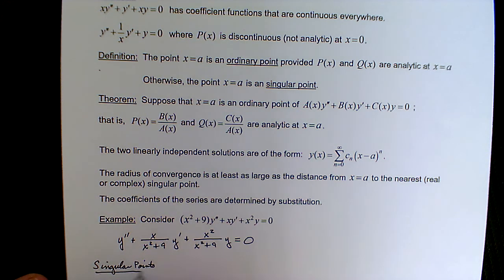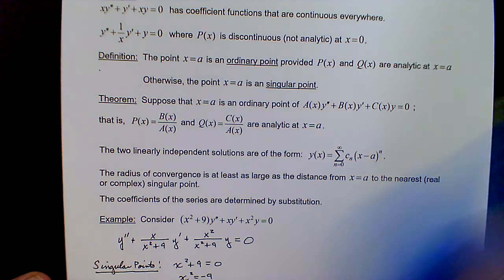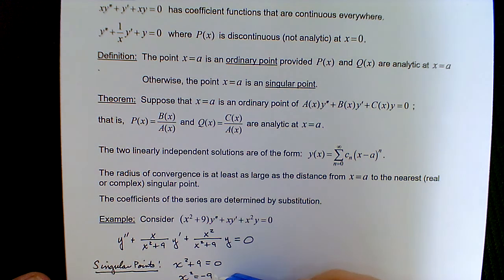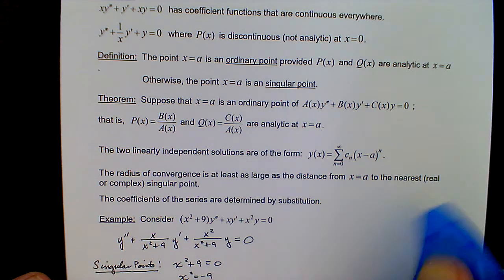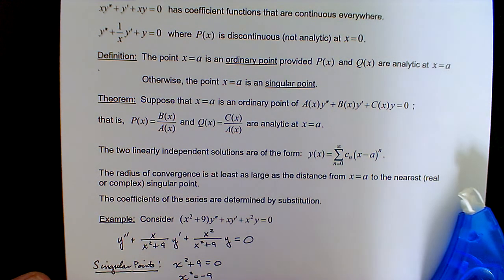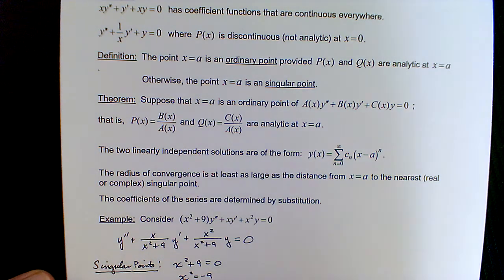So our singular points are when x squared plus 9 is 0, or when x squared is negative 9, or x is plus or minus 3i. Almost did a little calc 3 thing there by putting a little hat on the i, but that's the imaginary unit i, of course.